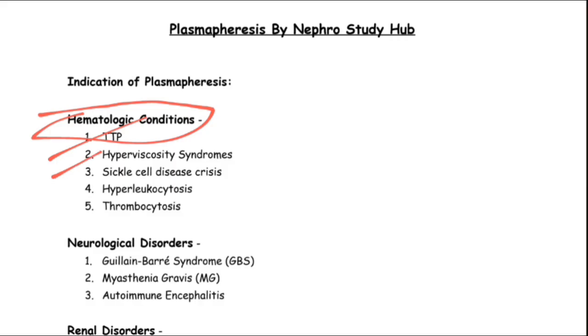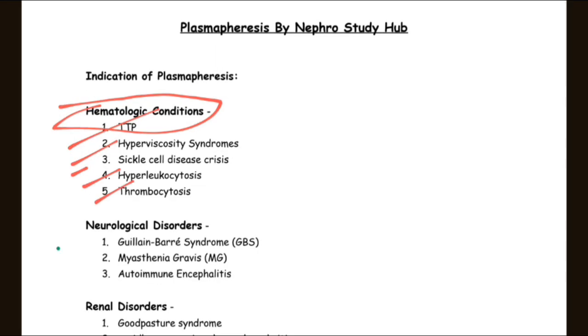Second one, hyperviscosity syndrome. Third one, sickle cell. Fourth one, hyperleukocytosis, thrombocytosis.